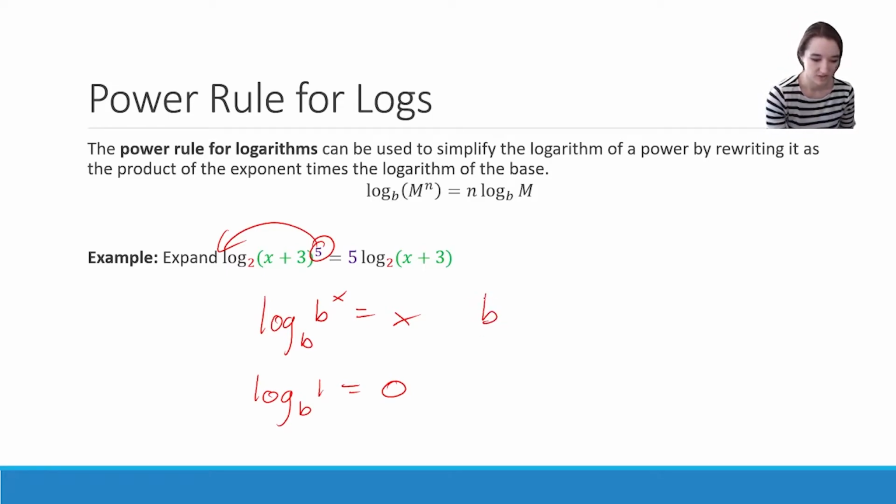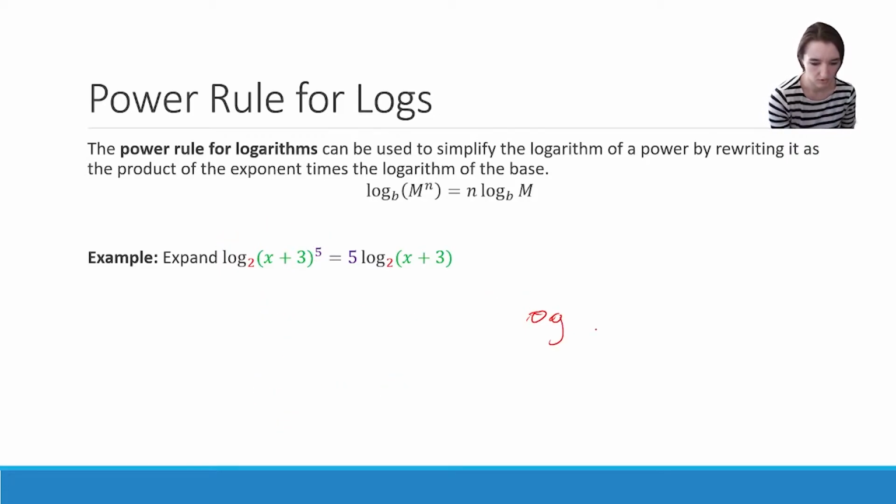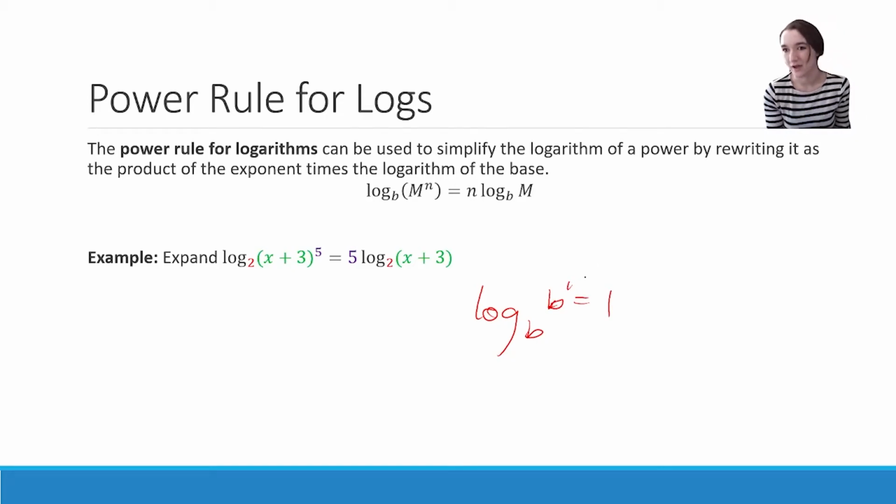I guess we can also say log base b of b is just equal to 1, because it's b to the 1st power, so it just goes along with that other property. So if we have all of these properties now, those are all the basic properties of logarithms.